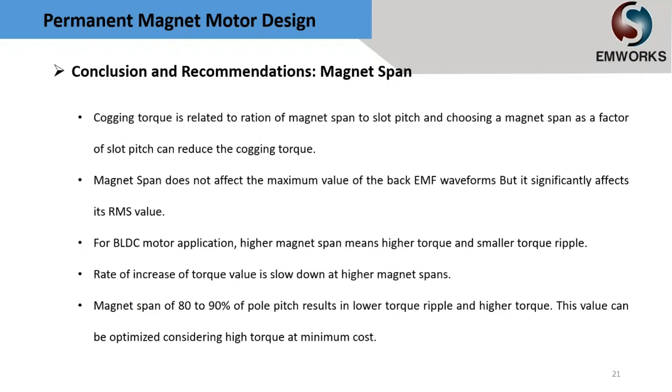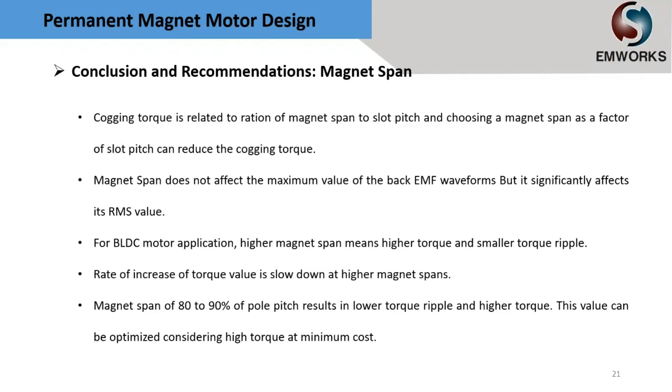For BLDC motor design, where trapezoidal wave operation is desired, higher magnet span means higher torque and a smaller torque ripple. However, the rate of increase of torque value is slowed down at higher magnet spans. Therefore, considering the cost of the magnet, go for the maximum value.